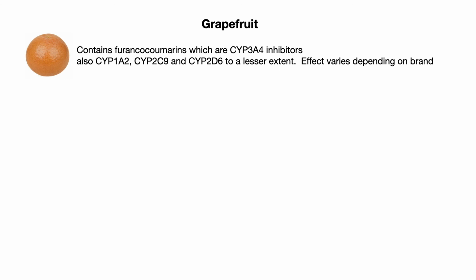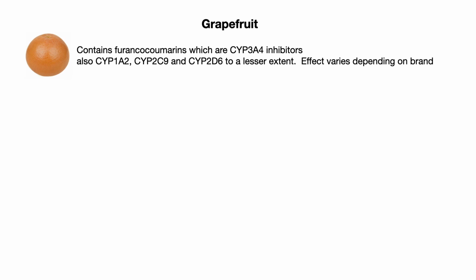Grapefruit contains a series of compounds called furan coumarins, which are inhibitors of CYP3A4. We're back to CYP3A4 again, which features a lot in this video, but it also inhibits certain other enzymes as well.